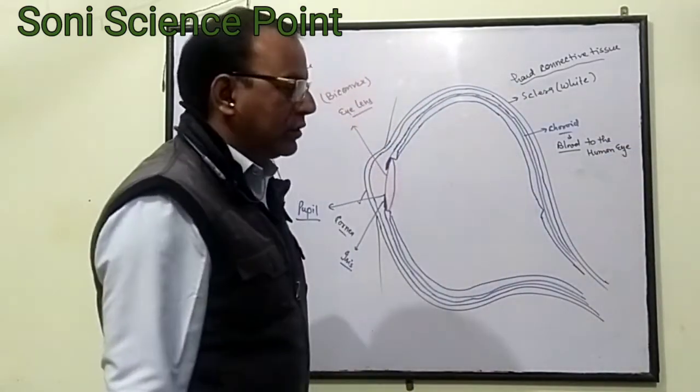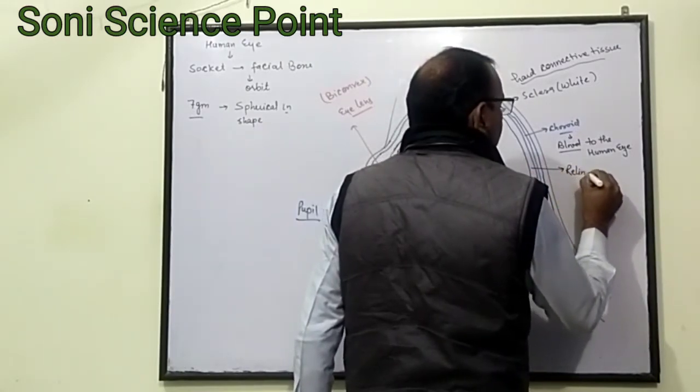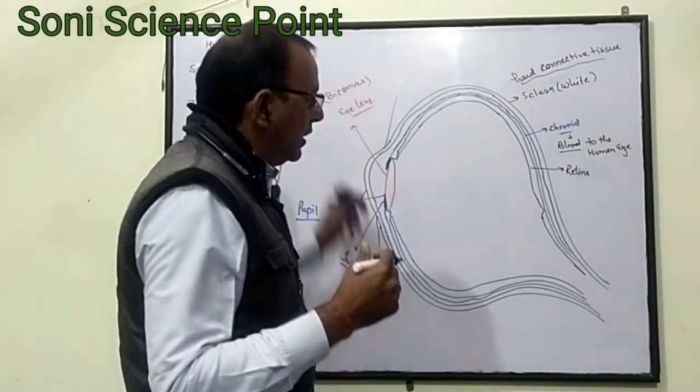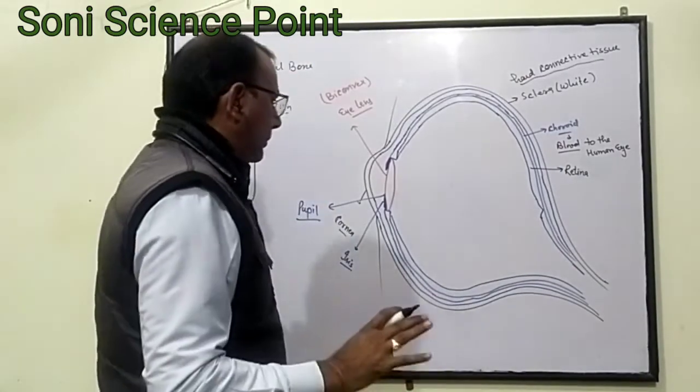The third, innermost layer is called retina. All the images of the objects which are seen by our eyes are formed at the innermost layer, which is called retina.